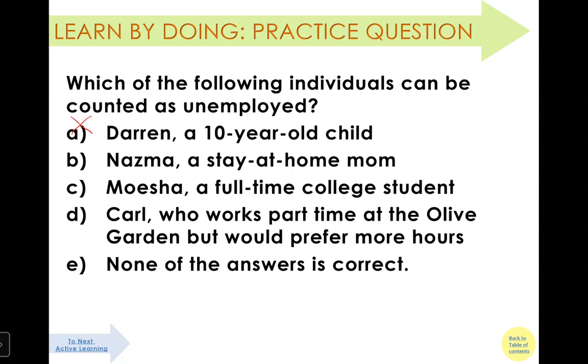Darren is not even in the adult population, because adult population is 16 and plus. B, Nazma, no, she is not in the labor force, right? She hasn't been searching for a job.